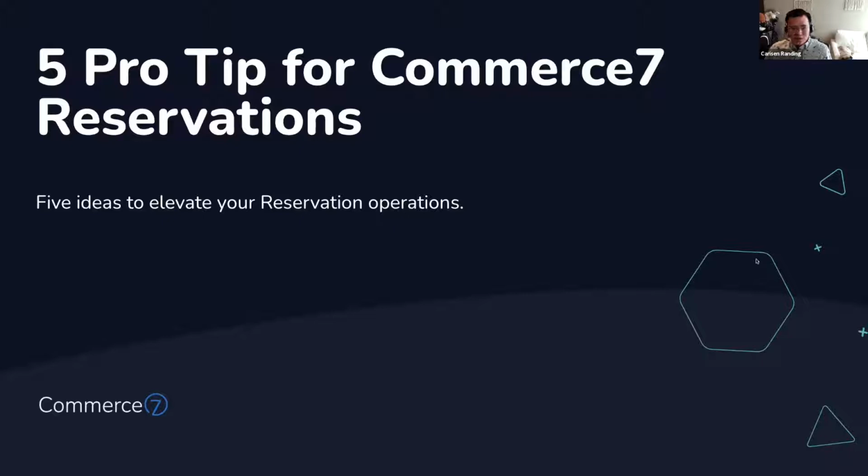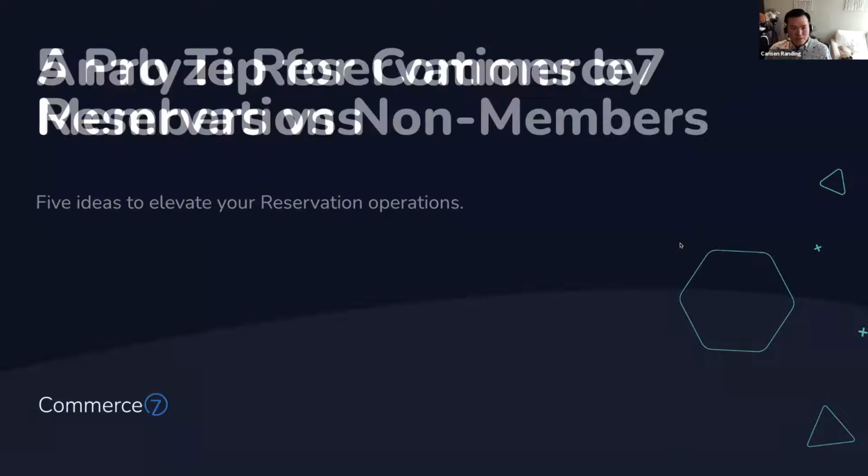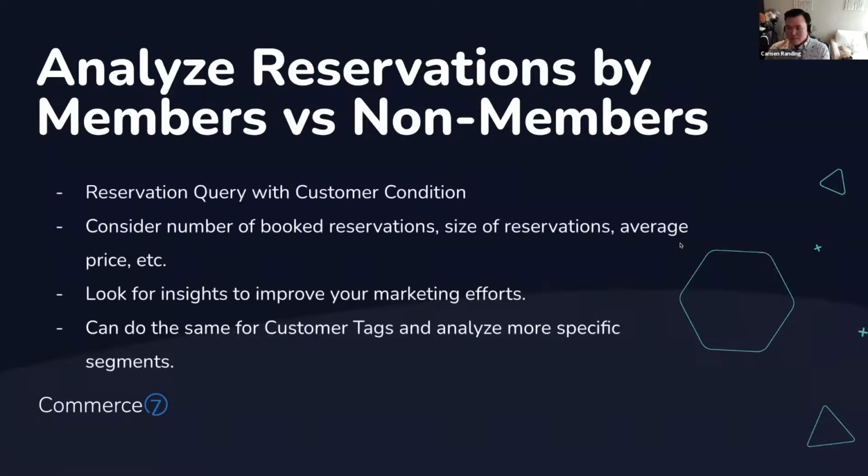All right, so without further ado, let's jump right to the first one. The first one I want to talk about is analyzing your reservations based on the customers who are placing the booking. An obvious way to do this would be to segment your reservations and analyze how your members versus non-members are booking reservations.